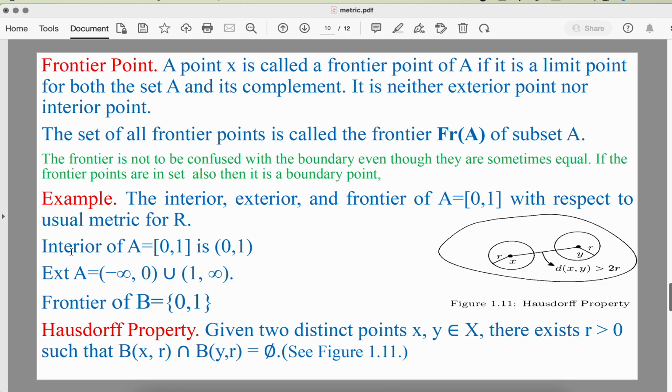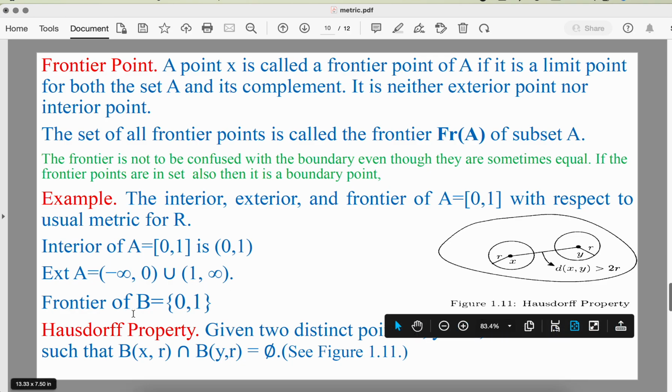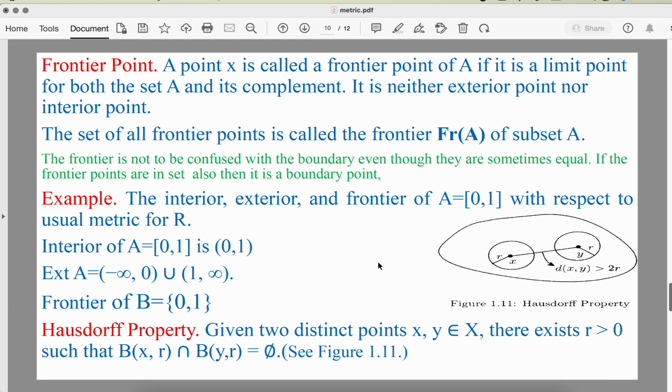The interior of A is the open interval (0, 1), and we know that its exterior is the complement part, so it is minus infinity to 0 union 1 to infinity, and the frontier is the set {0, 1}. This can be calculated easily using the definitions which we have discussed in the last slide.